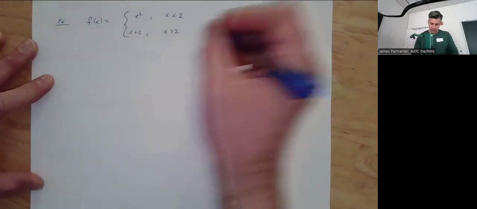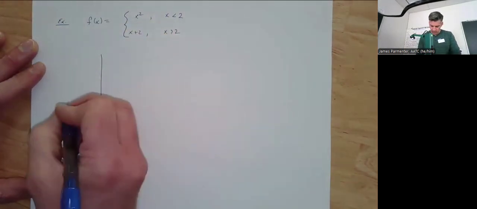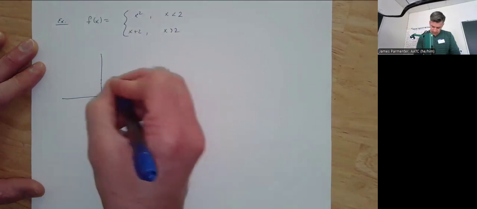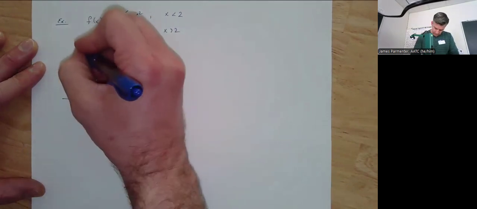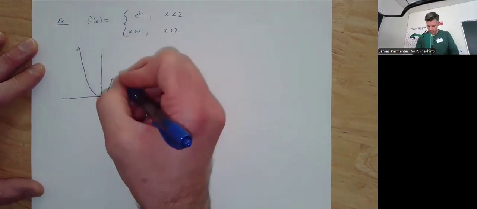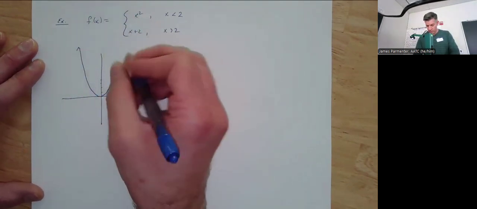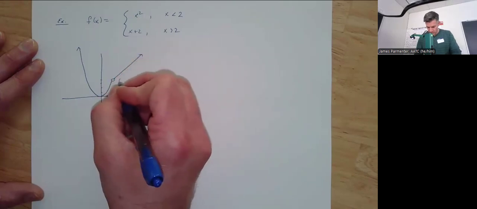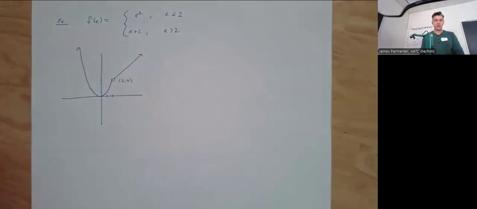So this function, if we graph it, has the usual parabola shape to the left of 2, and the usual straight line shape to the right of 2. And if you plugged in 2, you would get 4. So this hole here that's missing is the point 2 comma 4.